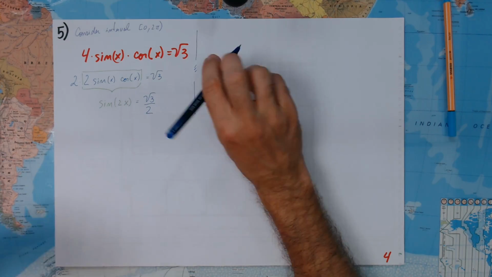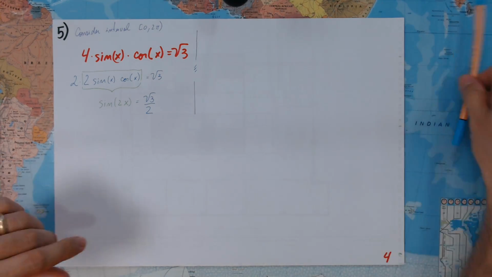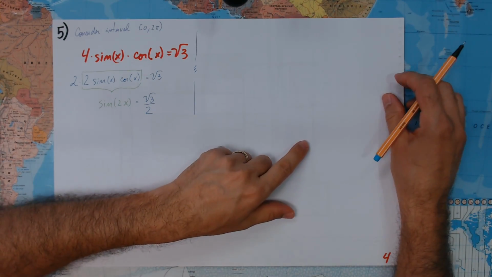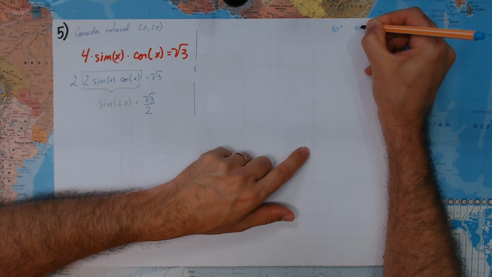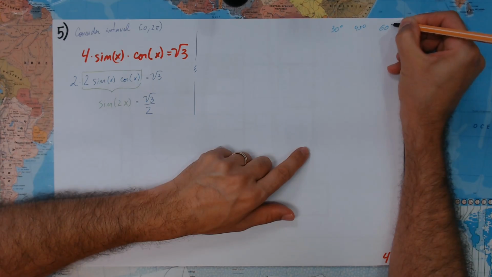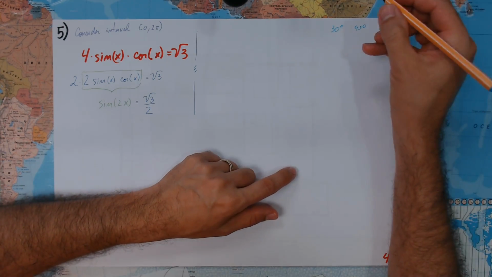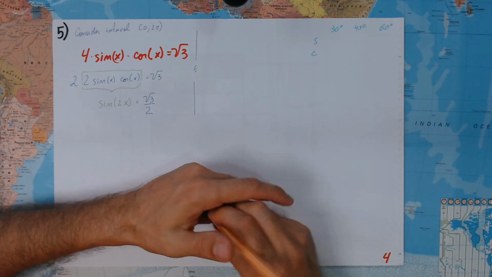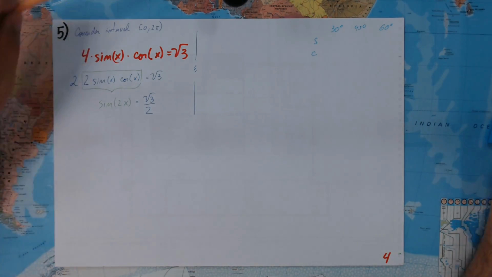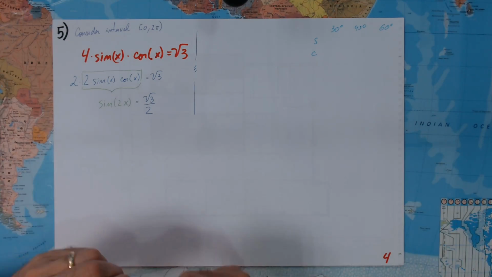Okay, now I always like to write, so you understand how to memorize this, if you didn't already. So this is going to be the sine, and this is going to be the cosine. And how are we going to fill in this table?